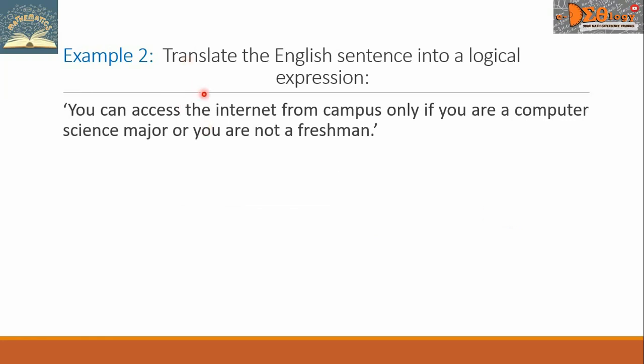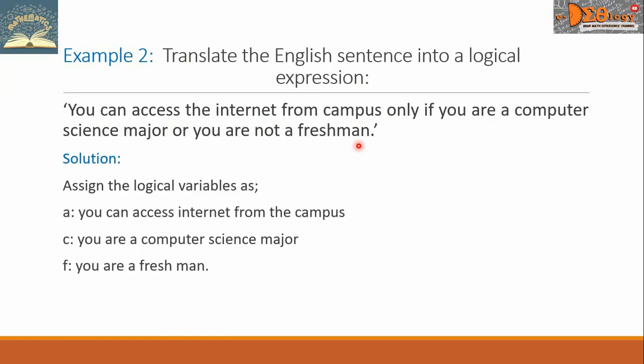Example 2. Translate the English sentence into a logical expression. You can access the internet from campus only if you are a computer science major or you are not a freshman. For our solution, let us assign the logical values.